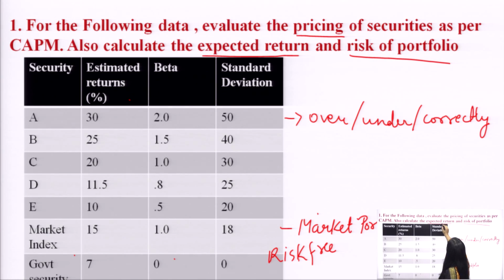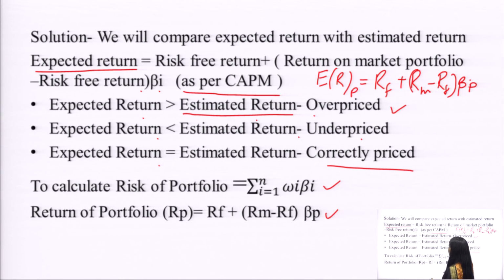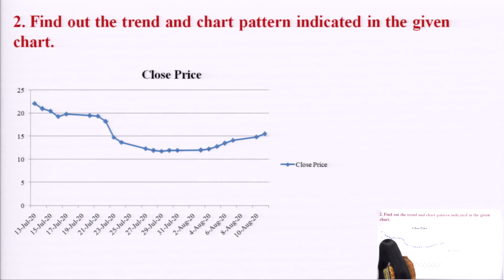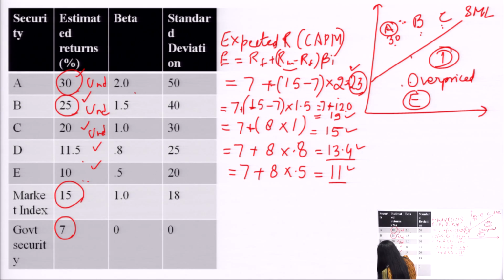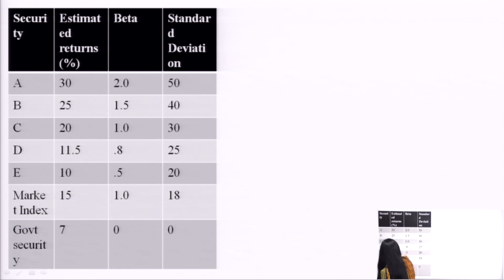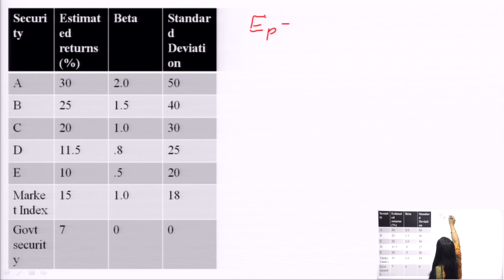The second part was to find the expected return of the portfolio and the risk of the portfolio. So, here we would be using these two formulas. Now, I have to calculate the expected return of the portfolio.